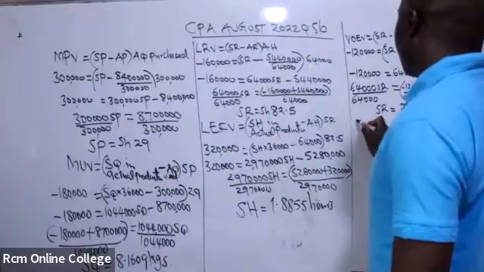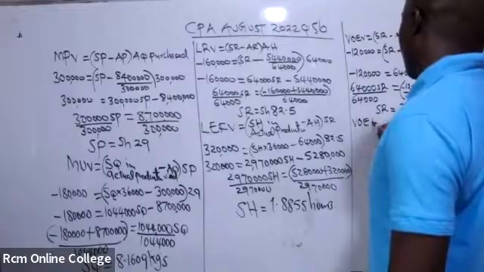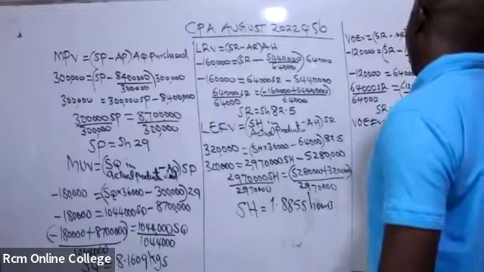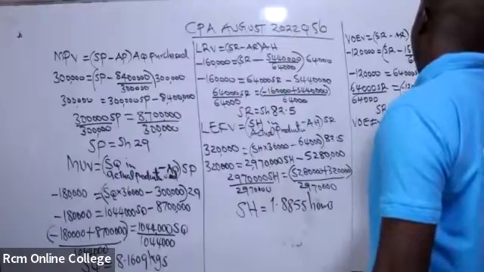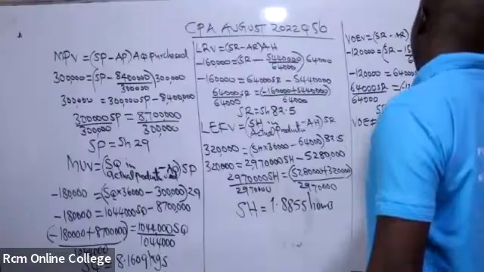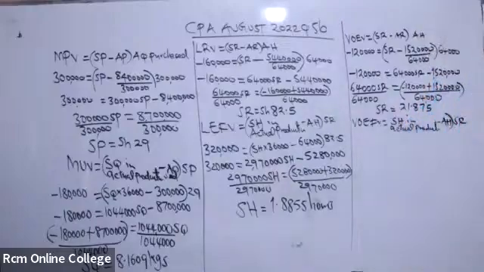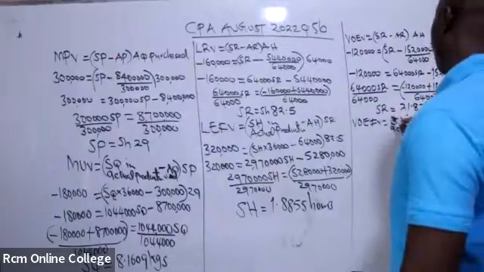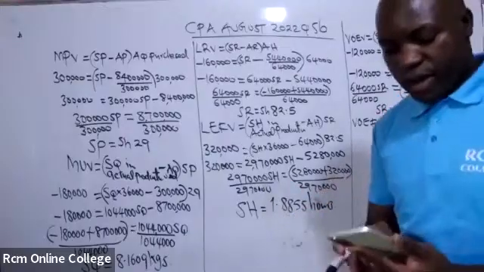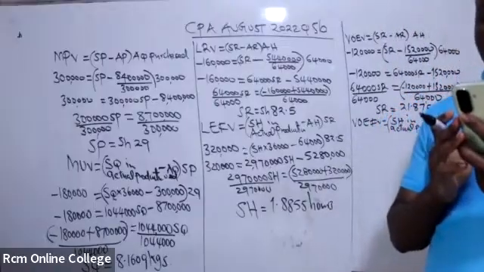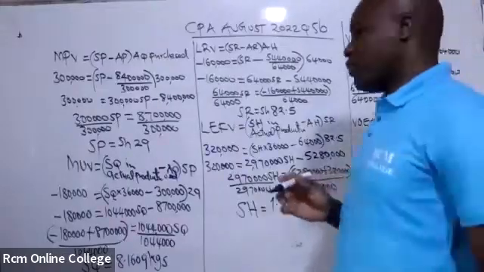That will be calculated using what we call variable overhead efficiency variance, which is standard hours in actual production minus actual hours times the standard rate. So let's go ahead and try that. The variable overhead efficiency variance given to us in the question is 80,000 favorable, a positive of 80,000.